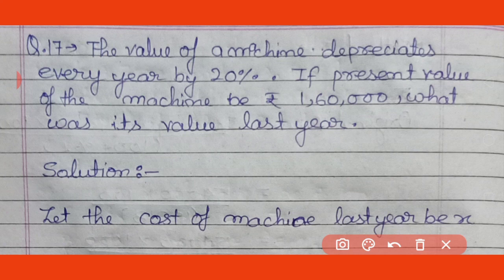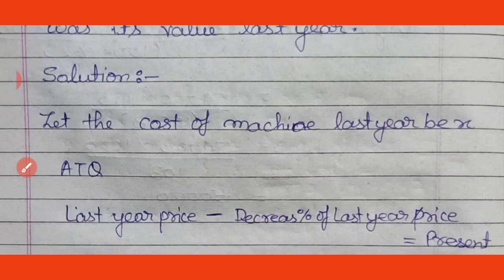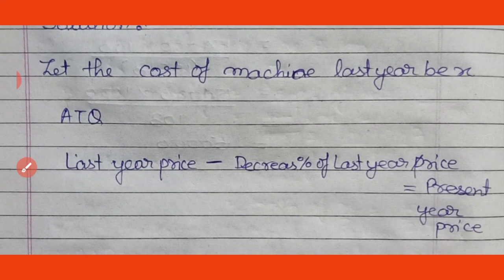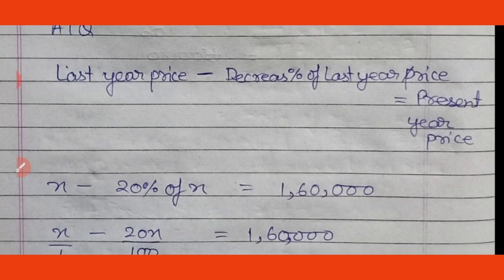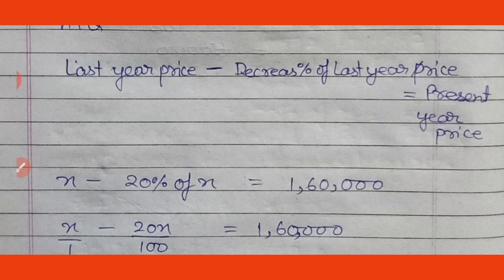So 100% it was more than the present value, but because it is continuously decreasing, as we have assumed that is x, so last year price minus decreased percentage of last year price is equal to present year price. So it is going to be solved as the previous question.